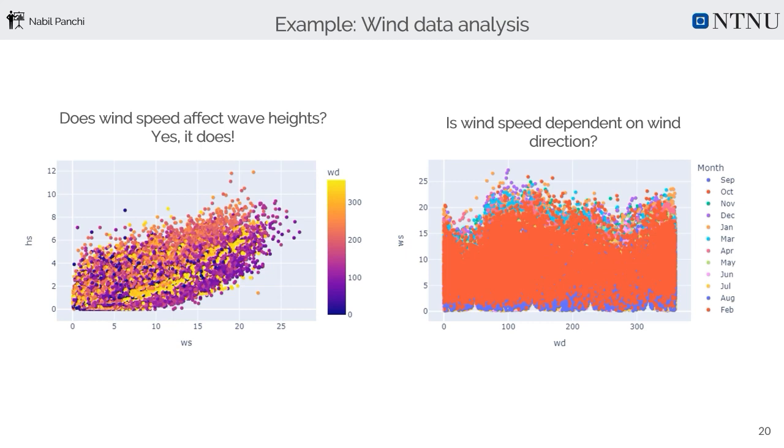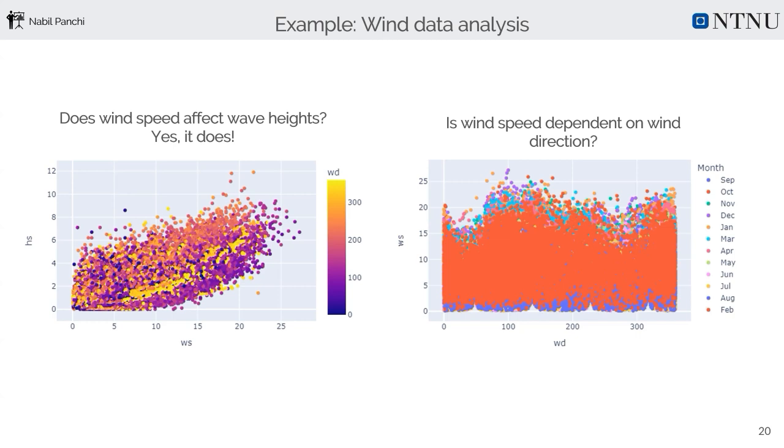Then I was like, oh, I have colored these wind speed by wind direction, and I see that there are some yellow thingies here, and they seem to be in a particular pattern. I wanted to find out, well, is the wind direction dependent on the wind speed? So I plotted wind speed against wind direction, and you see that there is barely any pattern.